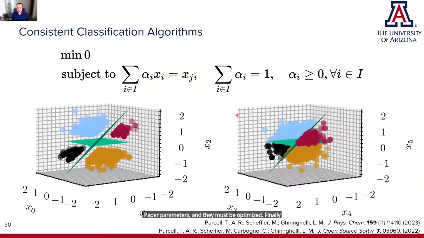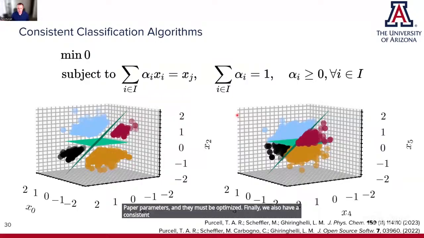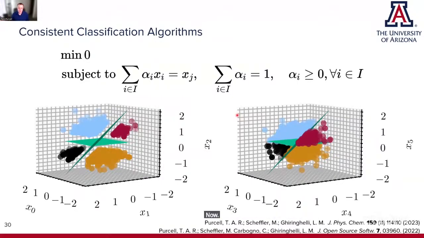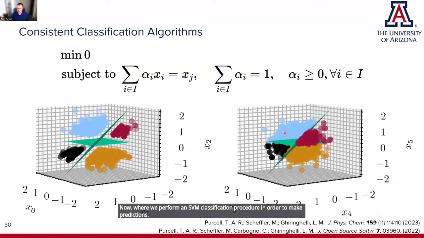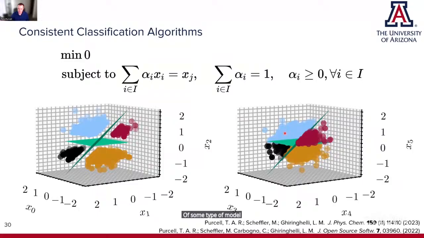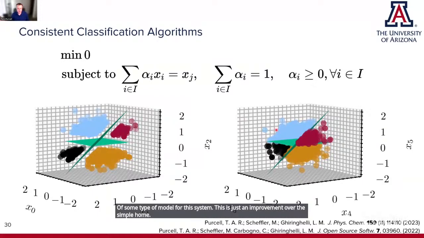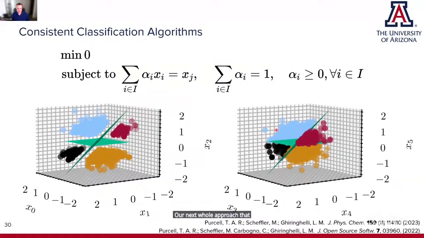Finally, we also have a consistent classification algorithm now where we perform an SVM classification procedure in order to make predictions of some type of models for the system. This is just an improvement over the simple convex hull approach that we did in previous classification schemes, where we didn't really have a way of making predictions on new data points.